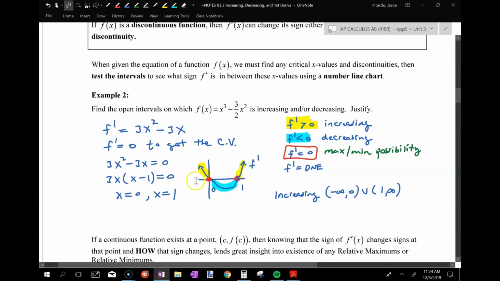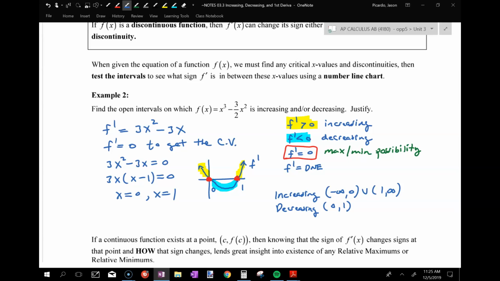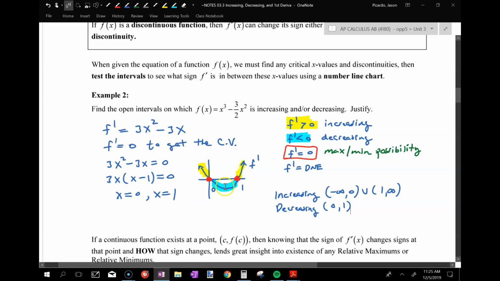So I'm just looking along this axis. Would you agree I'm decreasing between 0 and 1? And we'll talk more about the maxes and the min possibilities in a minute. But right now, this is all I really wanted to know, right?